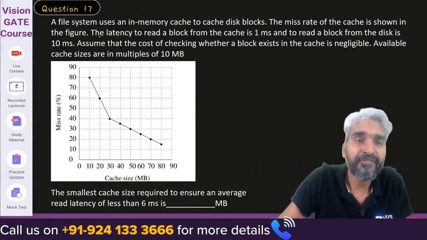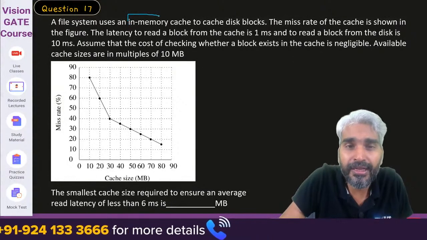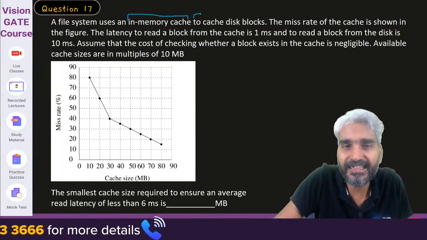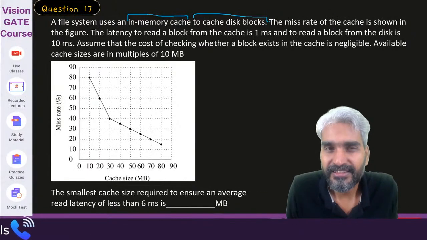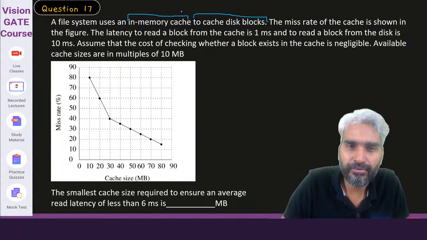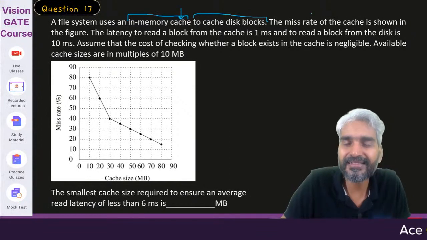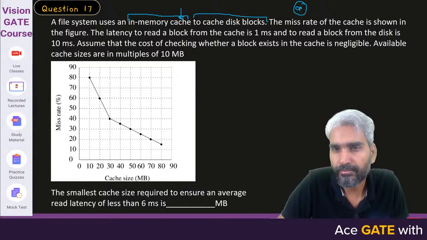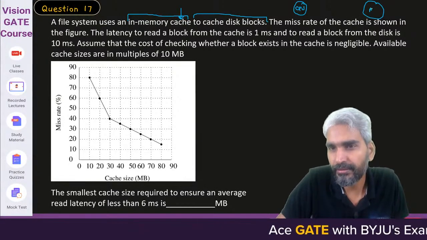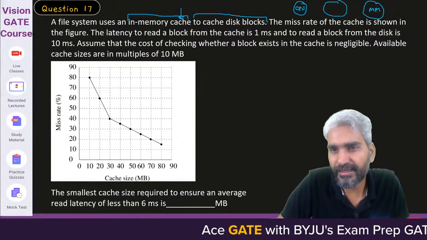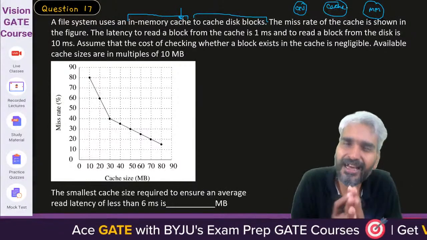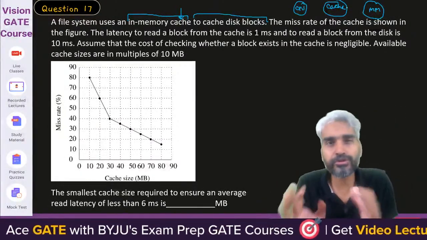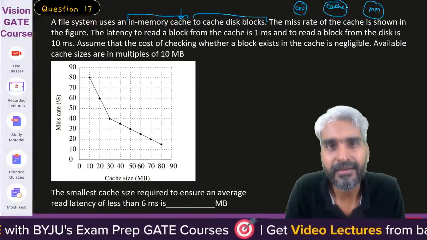So a file system uses an in-memory cache to cache disk blocks. This is a lovely line. Generally, the moment you read cache, you understand that there's a CPU, there's a main memory, and in between there's a cache memory. No sir, cache is just a normal name which is used to store the data temporarily.